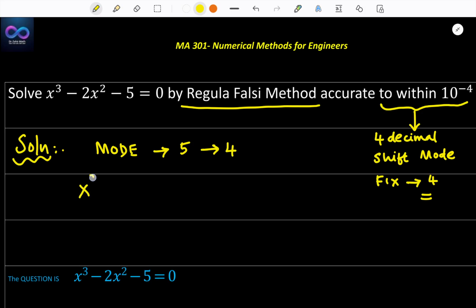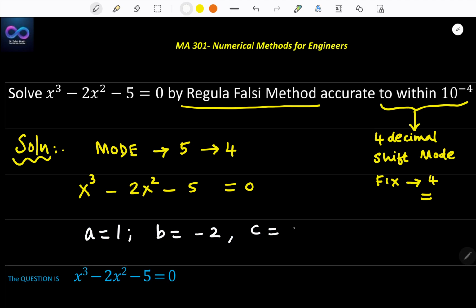What is the equation here? x cube minus 2x square minus 5 equal to 0. So what is your a here? a is equal to 1, b is equal to minus 2, c is equal to 0 and d is equal to minus 5. Why is c equal to 0 here? Because there is no x term here. Keep that in your mind. So let's give 1, then minus 2, then 0, then d is equal to minus 5.